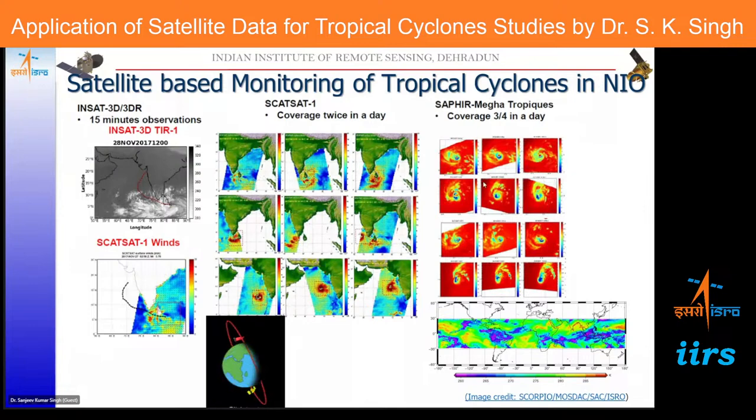And Megha-Tropiques, because it is a low Earth orbiting satellite, mainly provides temperature and moisture profiles over the tropical region. So you can easily find the tropical cyclone location, its center position, and its structure.